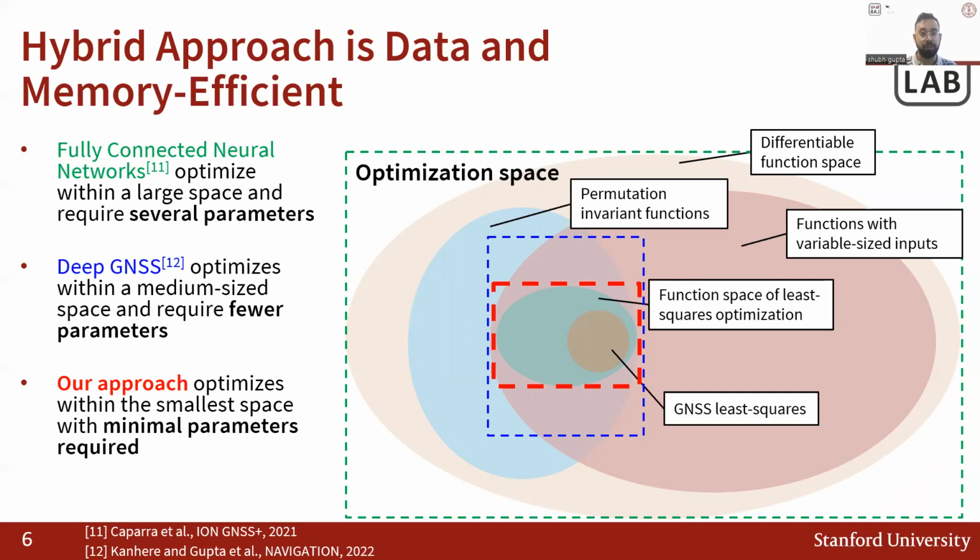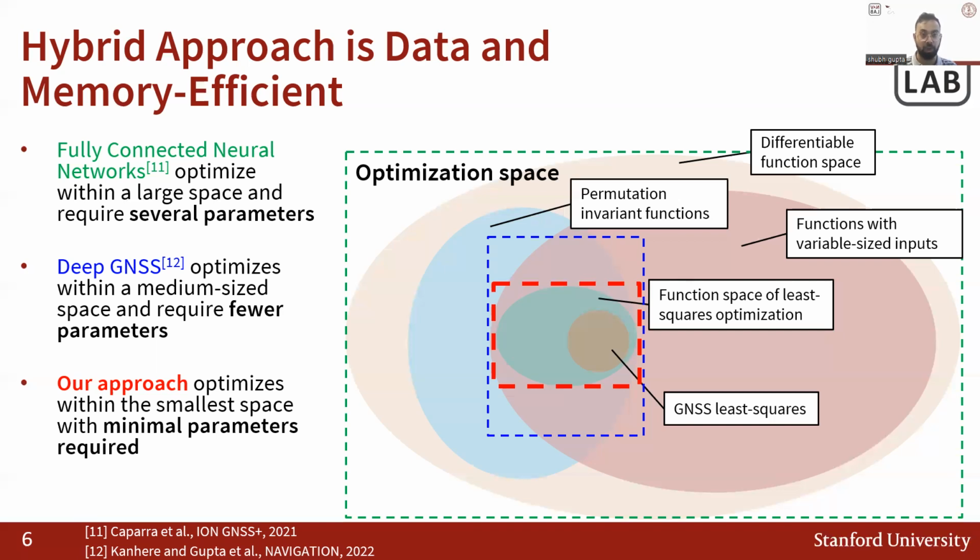In this view, fully connected neural networks are optimized over the entirety of the differentiable function space and therefore are inefficient and require several parameters. The other approach, which is deep GNSS that we proposed in a previous work, is somewhat more efficient because it optimizes in a smaller space, which is the intersection of permutation invariant functions with functions that support variable-sized inputs.